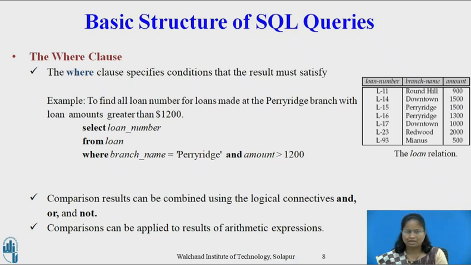Comparison results can be combined using the logical connectives and, or and not. The operands of the logical connectives can be expressions involving the comparison operators less than, less than or equal to, greater than, greater than or equal to, equal to and not equal to. Comparisons can be applied to the results of arithmetic expressions.